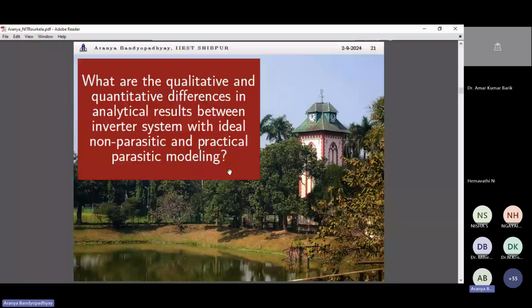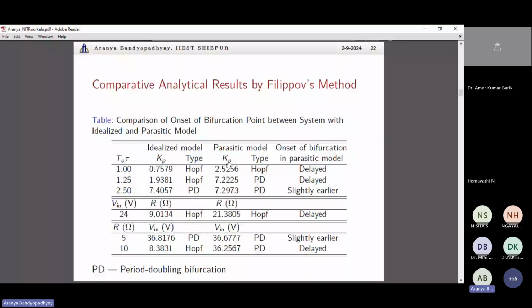Can we take a look at this table and see what you are seeing here? When we look at the case of idealized modeling, you will see the Hopf type of bifurcation, or Hopf type of instability, the slow time scale instability, which manifests at a much lower frequency, at least lower than 1/10 of the switching frequency.